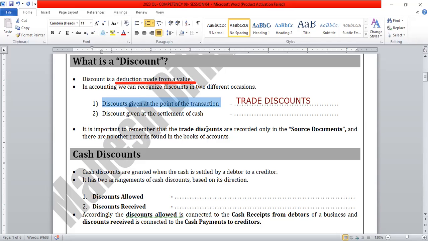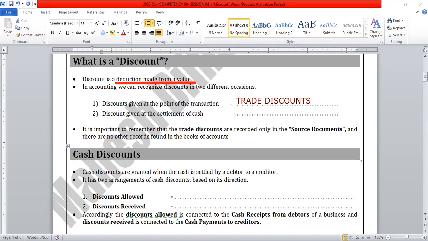Now let's say there is a credit transaction. You have sold goods, you have done a credit sale for me, 50,000. To collect the cash quickly, you are giving me another discount, a discount given at the settlement of cash.